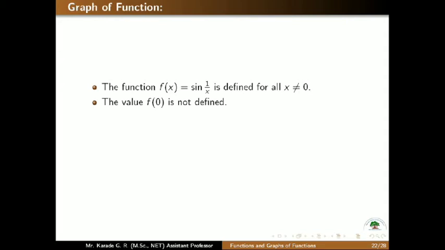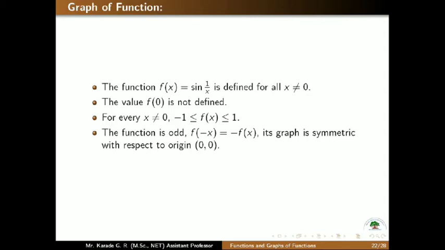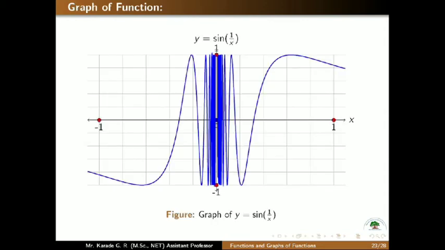For every x not equal to 0, f of x lies between -1 and 1. The function is an odd function because f of minus x equals minus f of x, and its graph is symmetric with respect to the origin (0, 0).